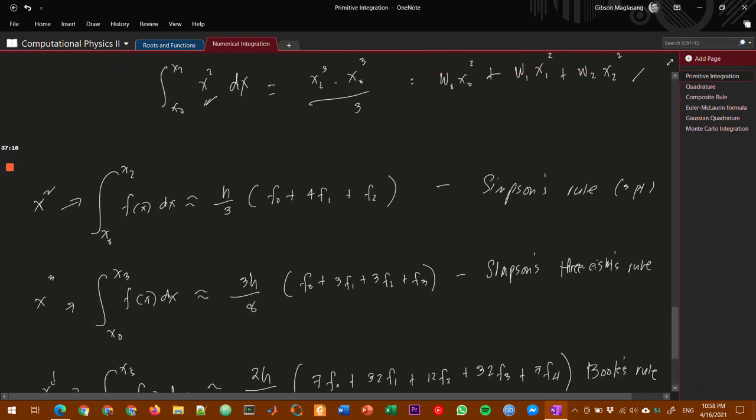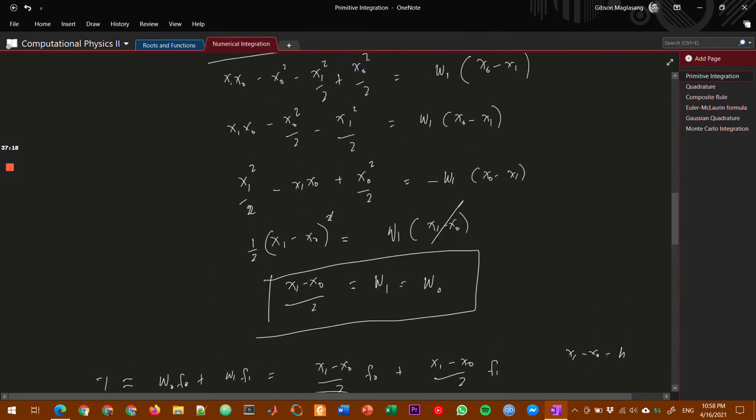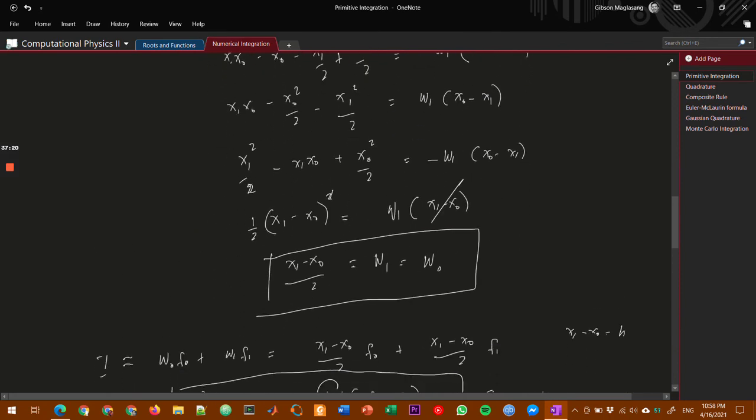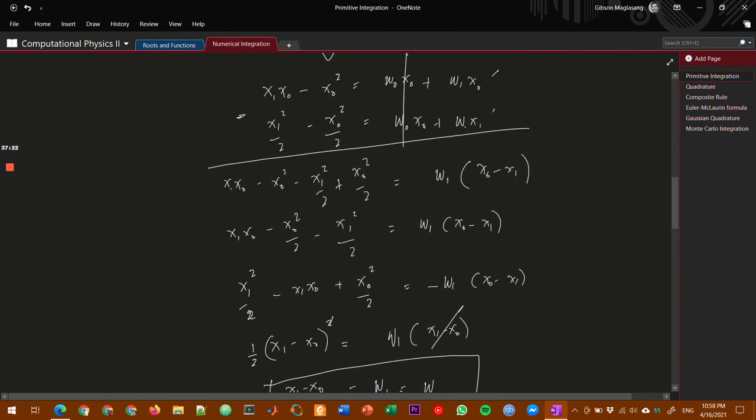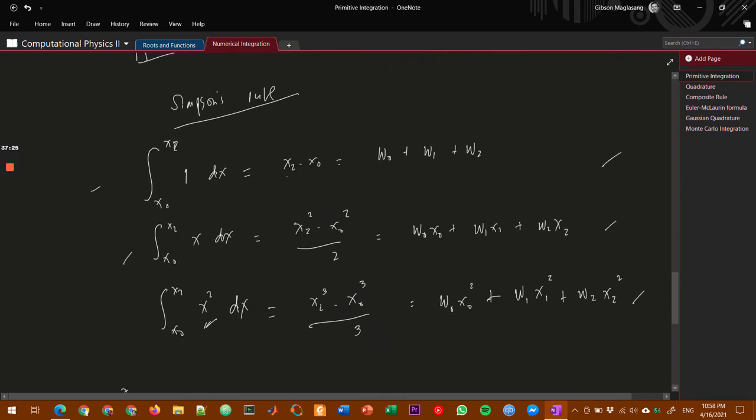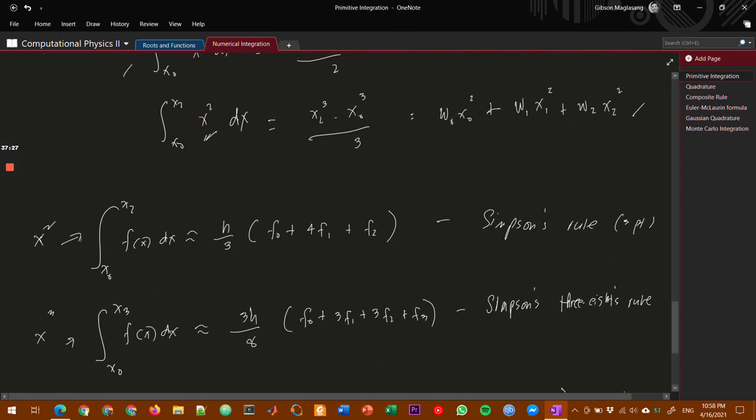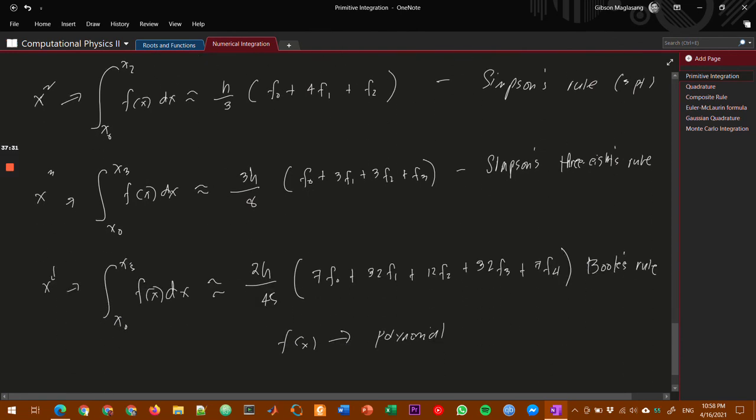So with all this complication, although di na kaya siya complicated, kasi ang complicated lang ani nga part is ang pag-solve, right? But once makuha na ninyo siya, then simple naman ang iyang form. So you have the Simpson's rule, you have the Simpson's 3/8 rule, and the Boole's rule.